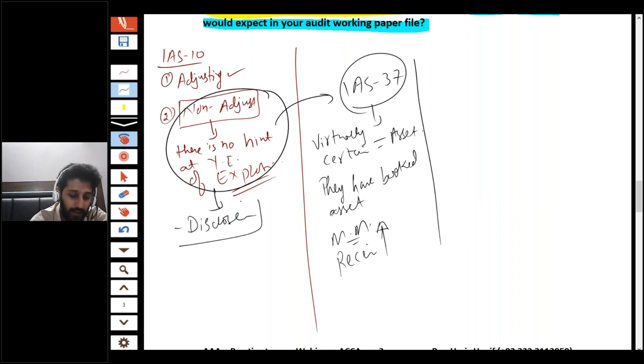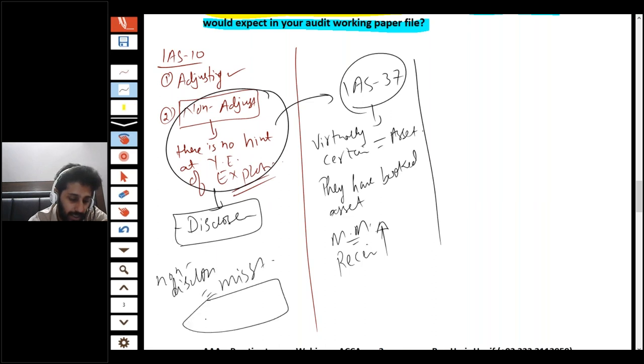And they are not making any disclosure. Non-disclosure is a misstatement that is leading to incomplete notes.